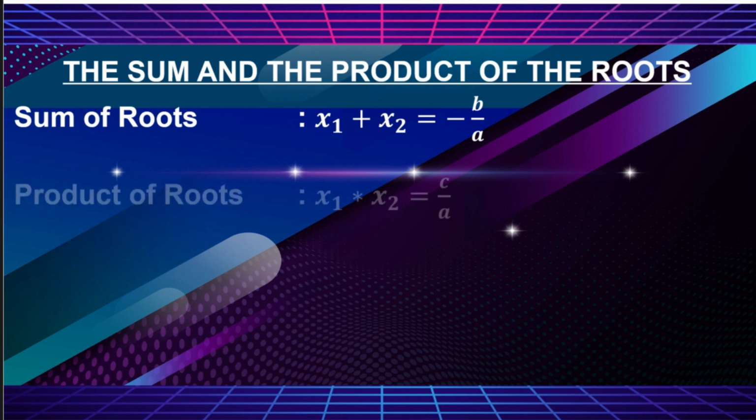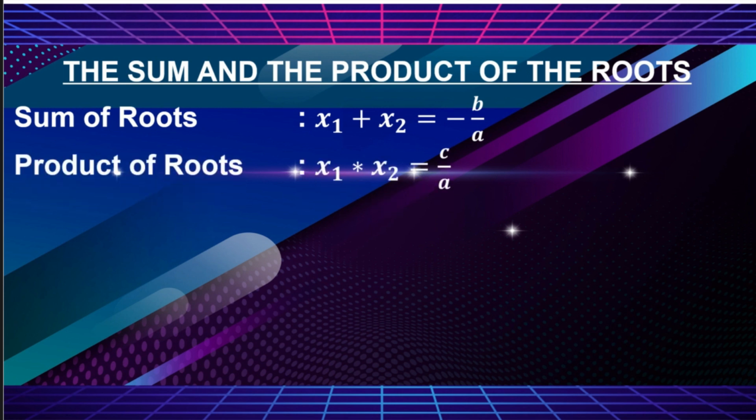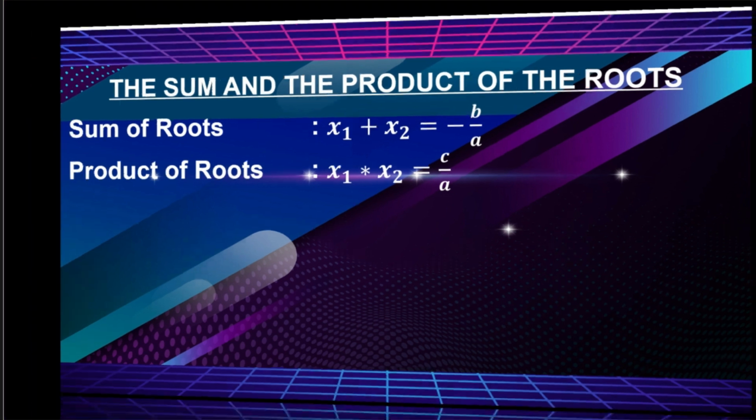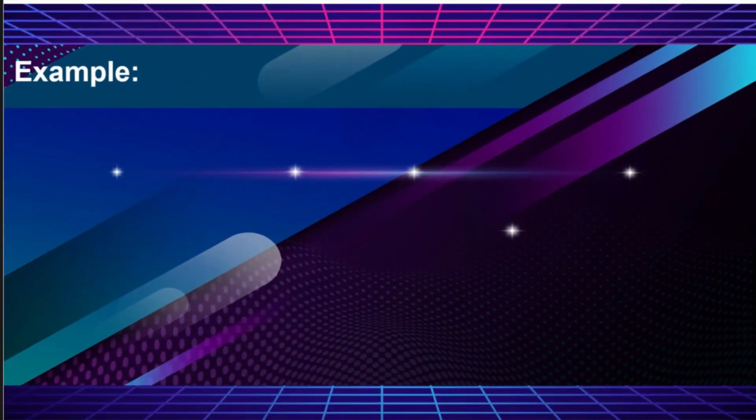And the formula in identifying the product of roots is x sub 1 multiplied by x sub 2. The formula is c over a.